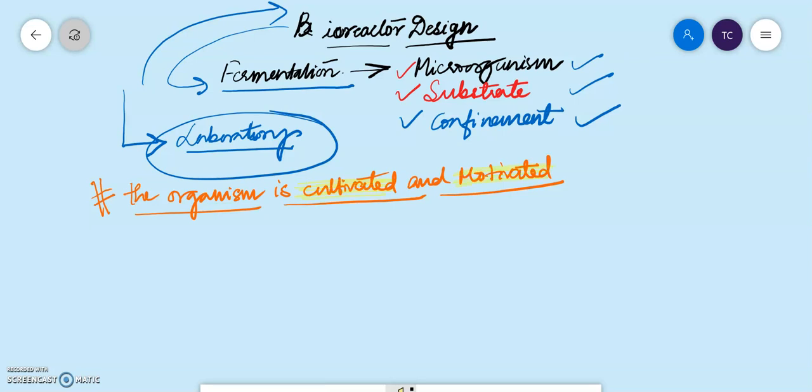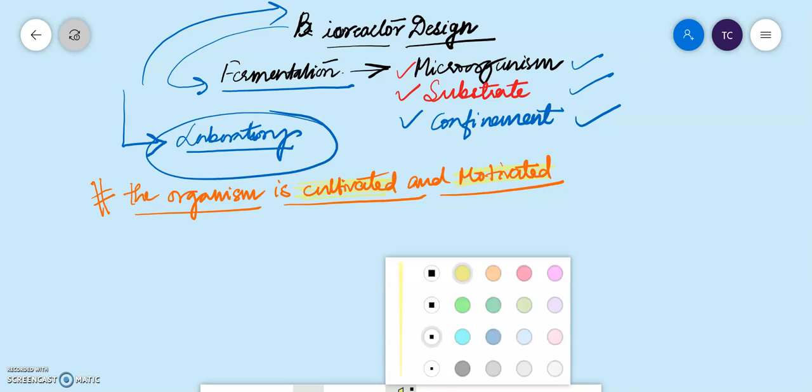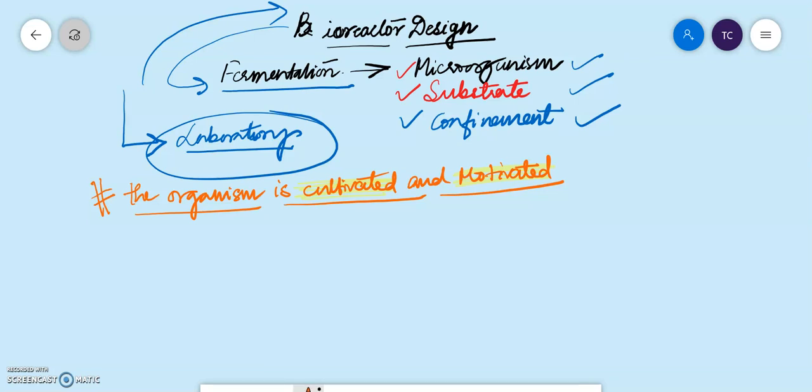So how will you differentiate the two? Now I give you one example. If I ask you what is the best place which you are comfortable with, what will be your answer? Your answer will be my home. So here also you have to give them that best confinement, that best place which will provide them the optimum environment.